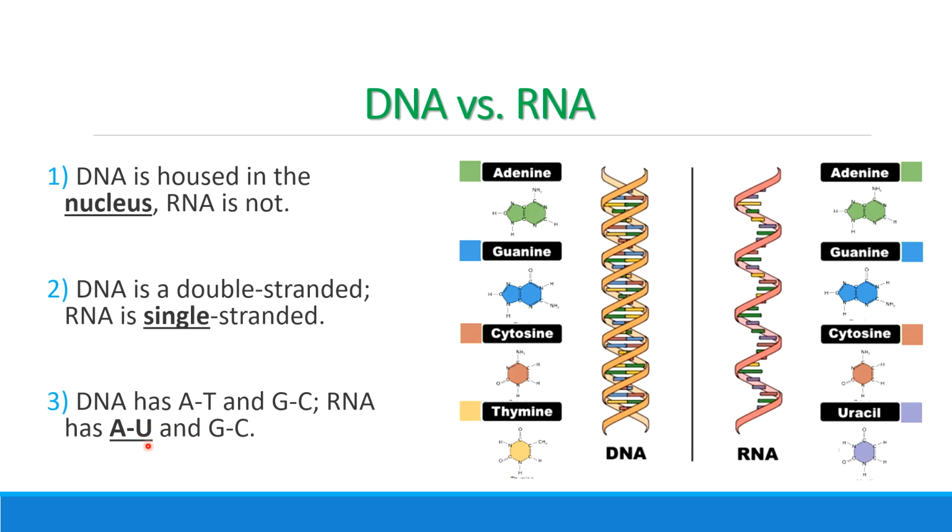Now, uracil is the same basic structure as thymine, but when I use my ribonucleic acid, I have to tweak it just a little bit to create this base. So anytime you see the letter U, we're looking at RNA. Anytime we see the letter T, we're looking at DNA.